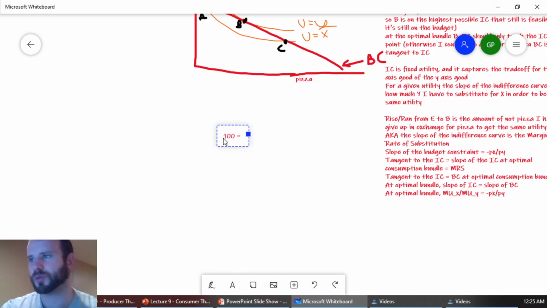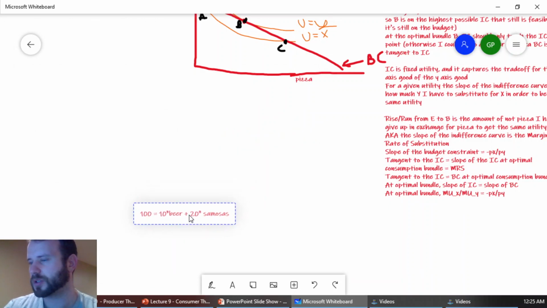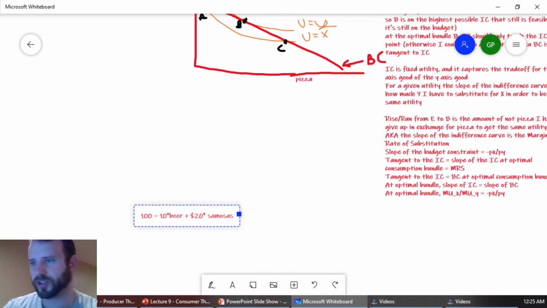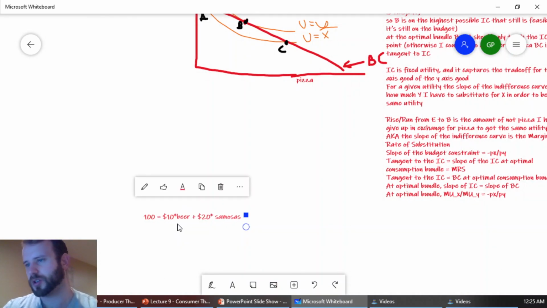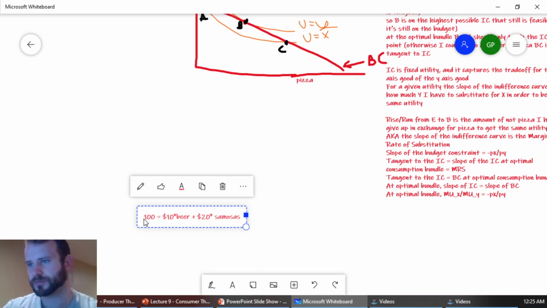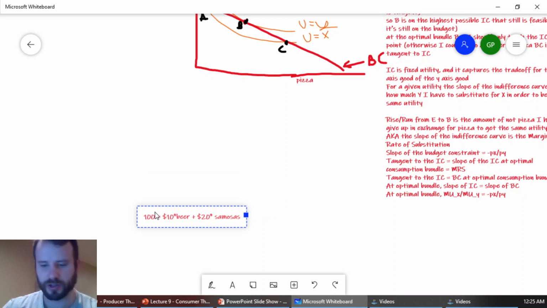Let's say the budget constraint was 100 equals 10 times beer plus 20 times samosas. And I want to put dollar signs on it so that you know they're prices.